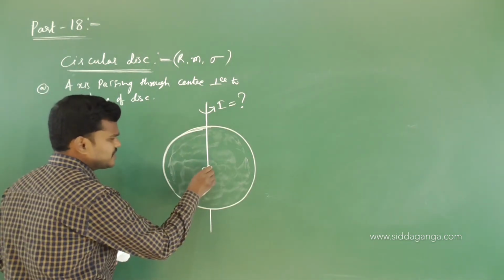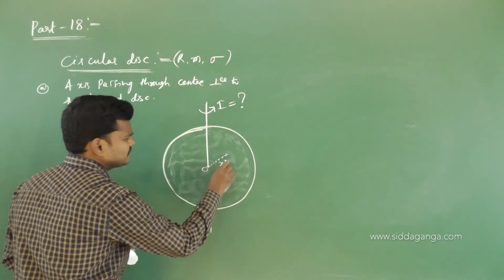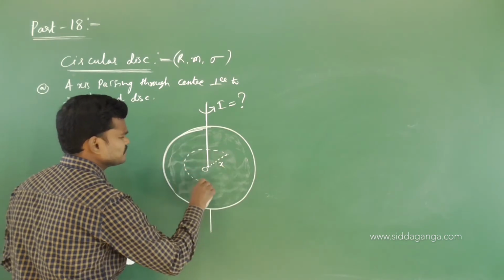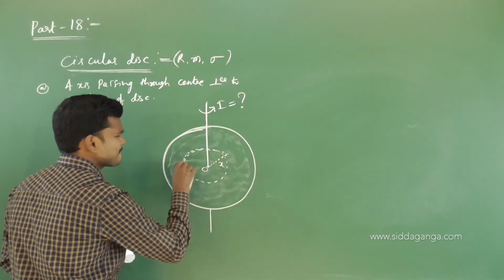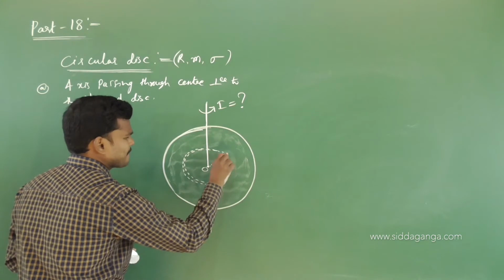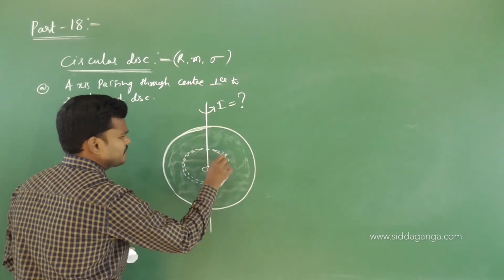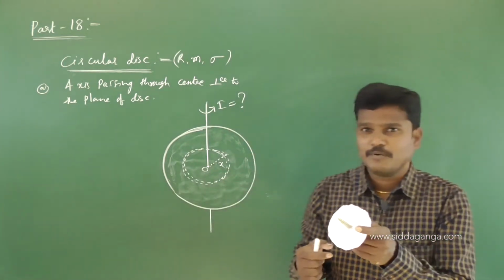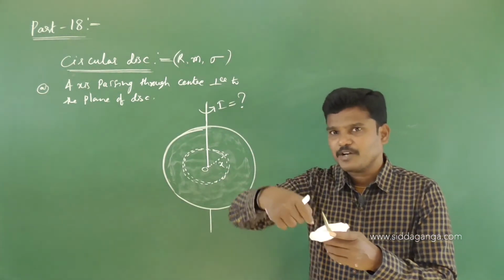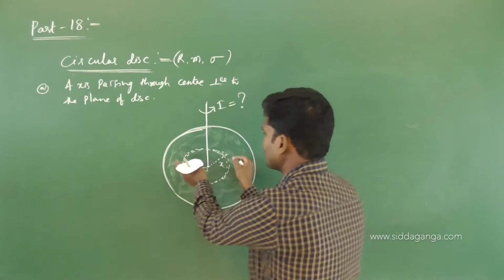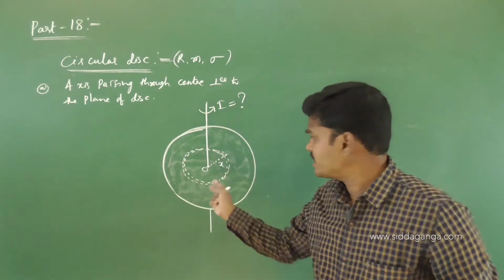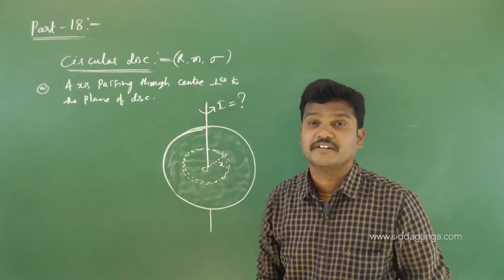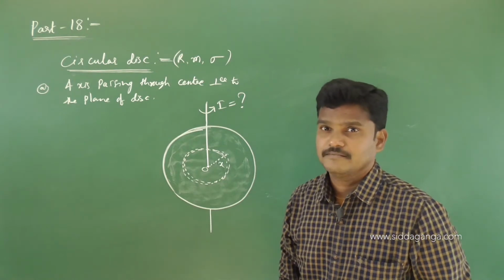So at a distance of x, you take a small part. See, I am taking a small part at a distance of x. Take the small part outside. If you take the small part outside, it looks like a circular ring.